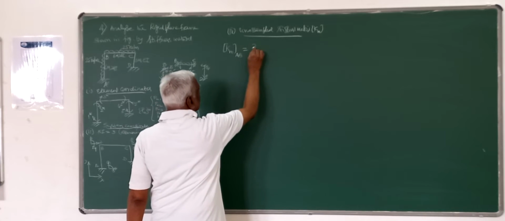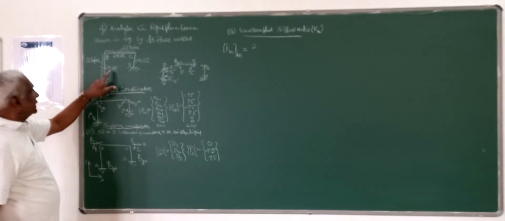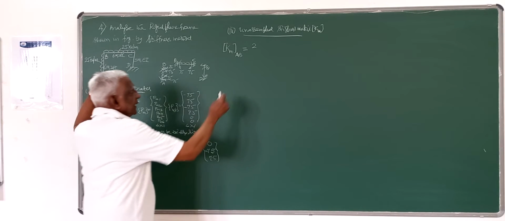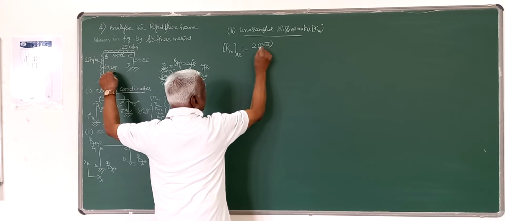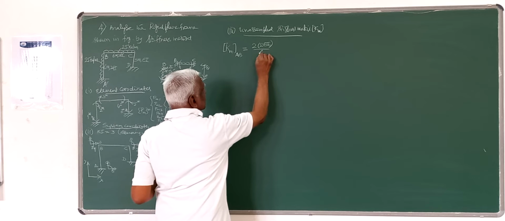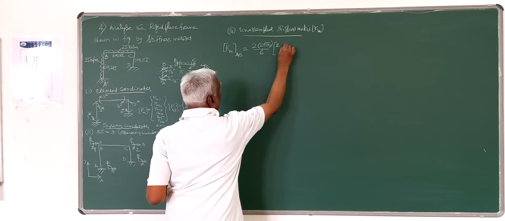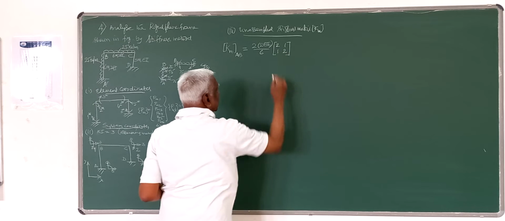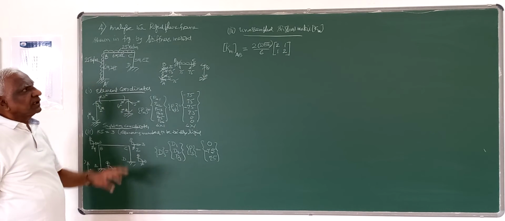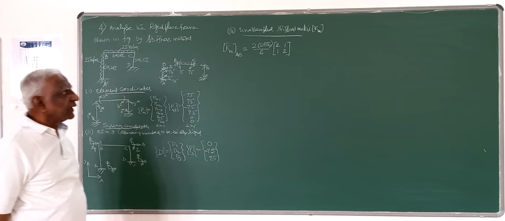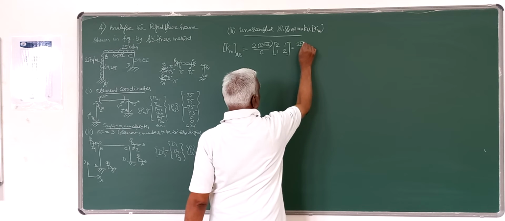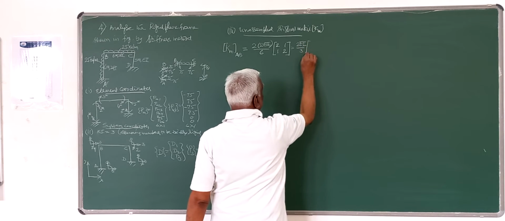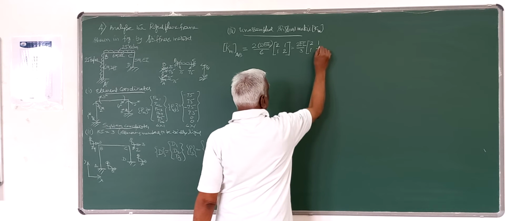So for member AB, that is 2EI by L. EI of the member AB is 2EI, so it is 2 into 2EI divided by L, length 6 meters, into 2, 1, 1, 2. That is the element stiffness matrix. So that I have to remember, so I am writing that. This you can simplify as equal to 2EI by 3, 2, 1, 1, 2.